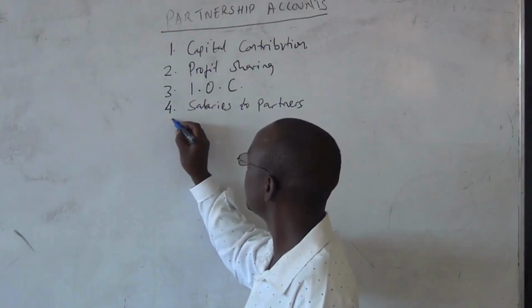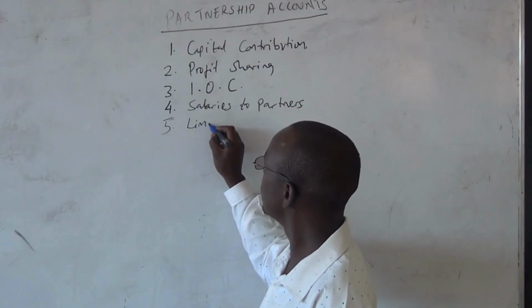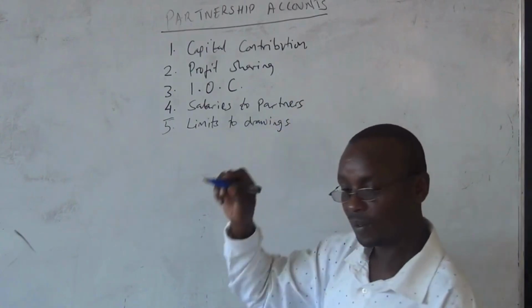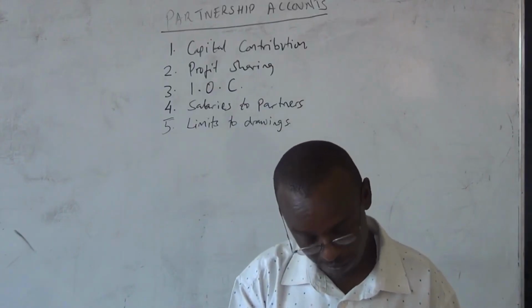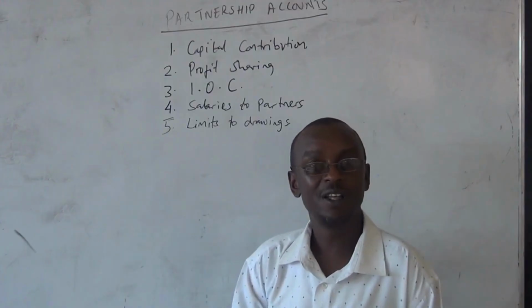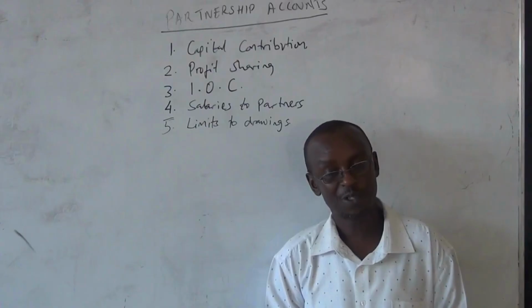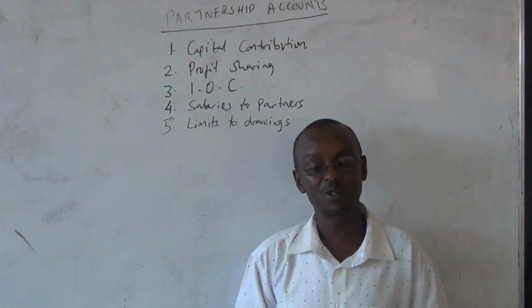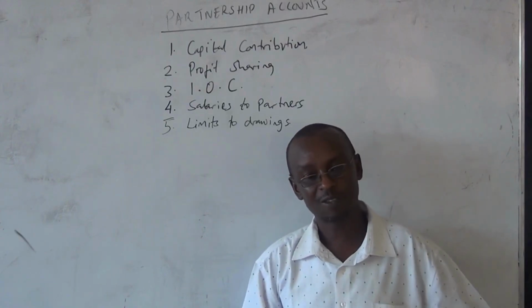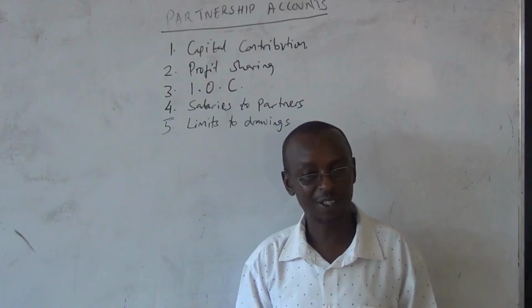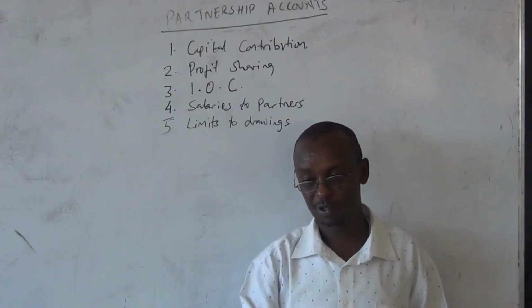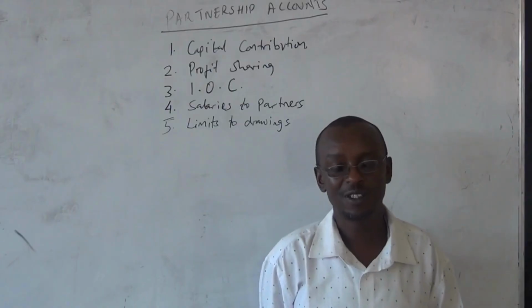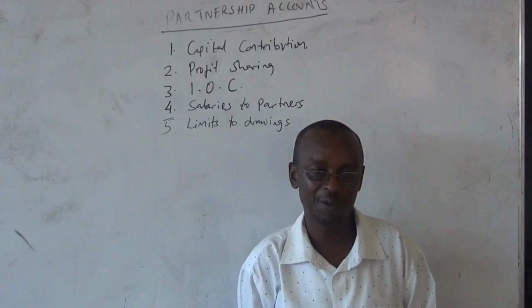Then the limits to drawings. Sometimes we saw even in sole traders, they will withdraw money for personal use, isn't it? Yeah, the sole trader can take money from the business and pay school fees for the children. Or he buys an asset for home, maybe a television or something. We saw in the question that some salaries and wages include amounts paid to domestic workers of the sole trader.